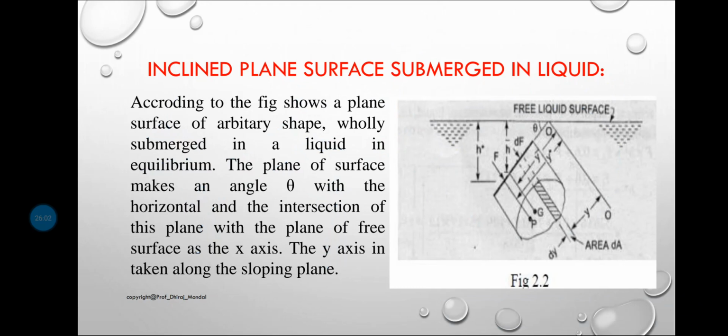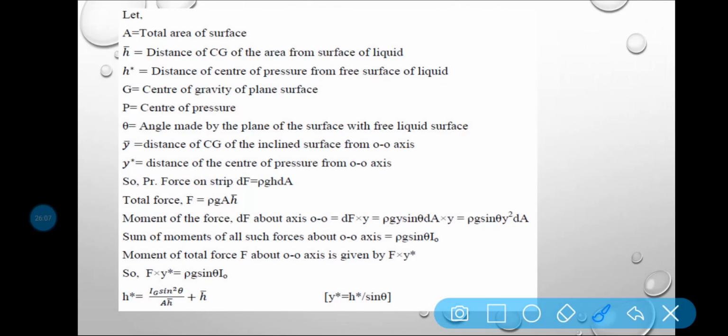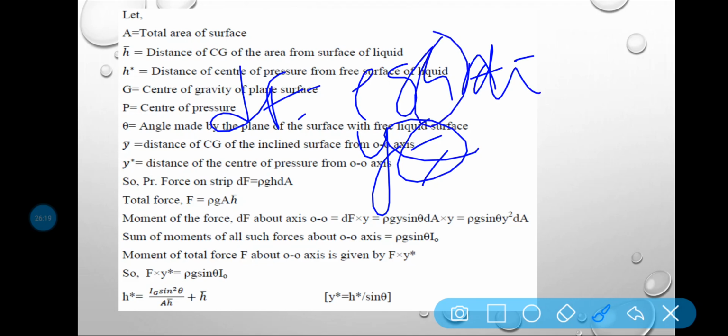So dF is equal to rho g h dA, and h is equal to y sin theta, so dF is equal to rho g y sin theta into dA into y. So ultimately rho g sin theta y square dA.